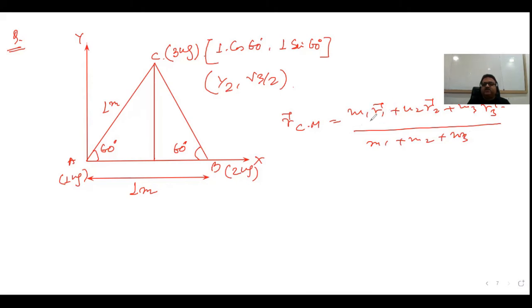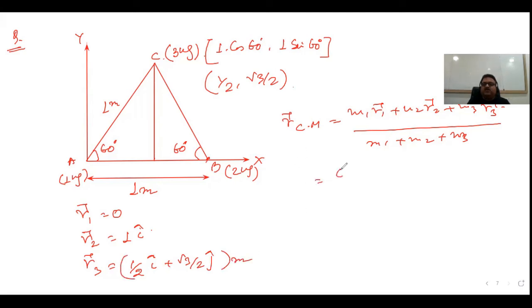Now look at this. What is R1? 0. What is R2? Look at this, what is the coordinate? 1 I cap. What is R3? The coordinate of this, that is half I cap plus root 3 by 2 J cap.